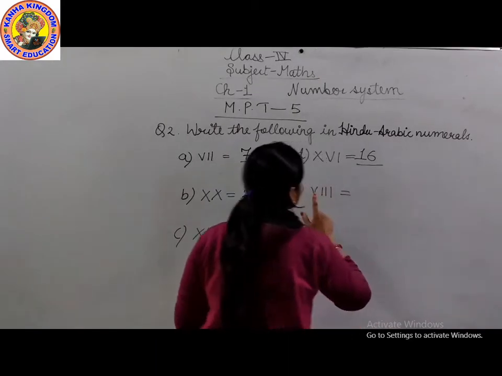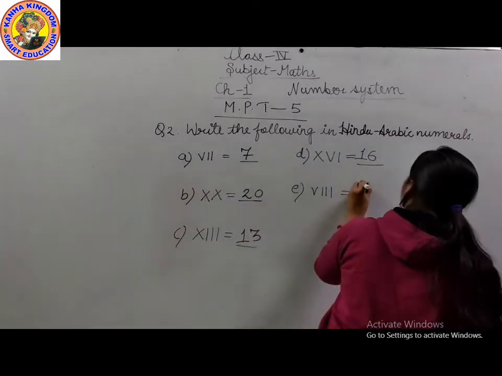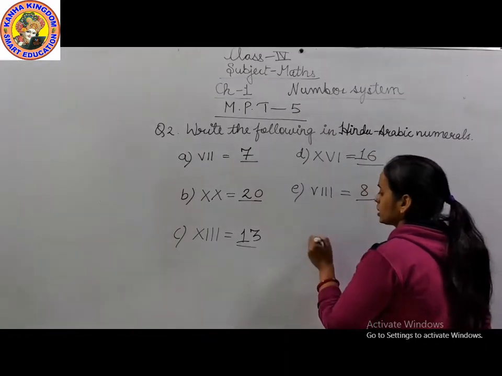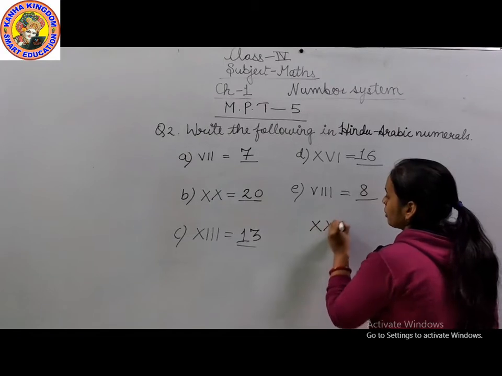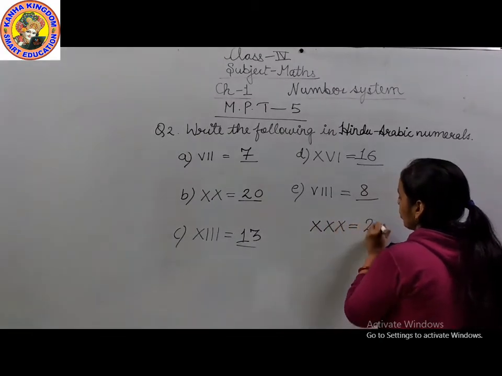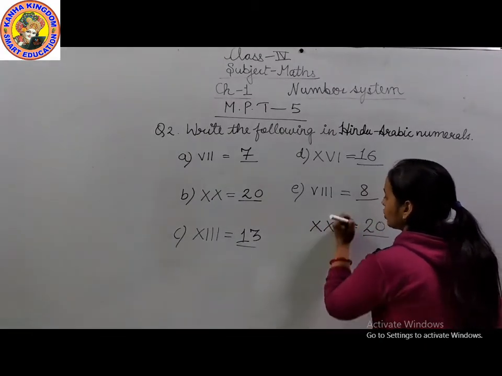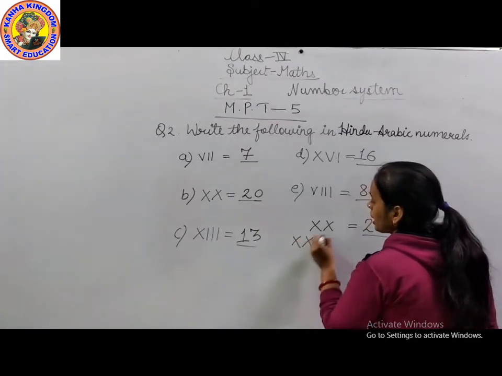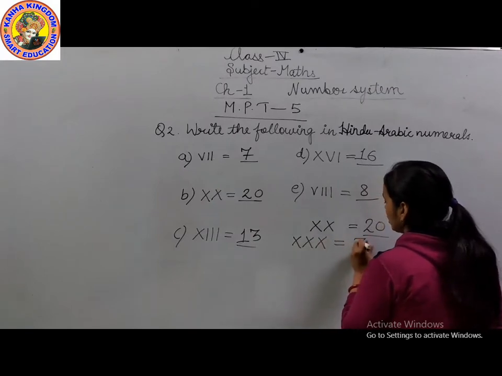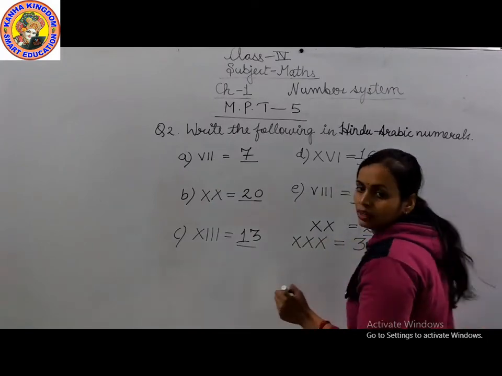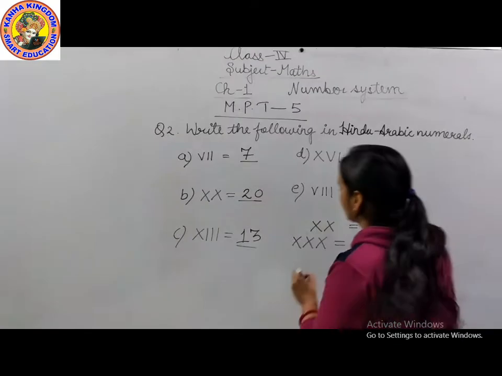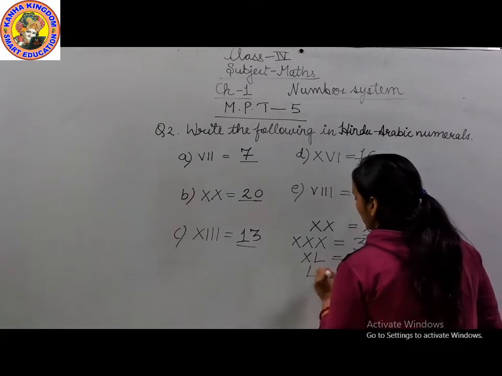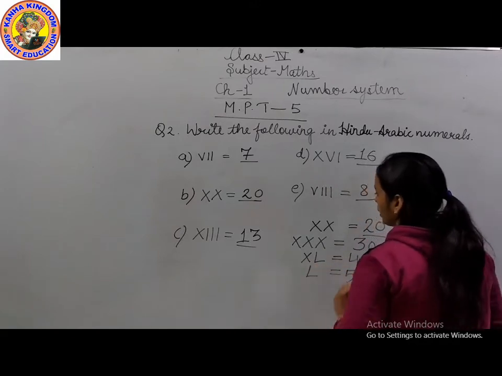Now this is 8. Okay. In Roman numerals we write double X for 20, triple X for 30, and XL for 40 and L for 50.